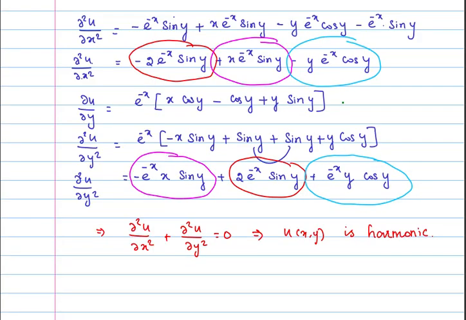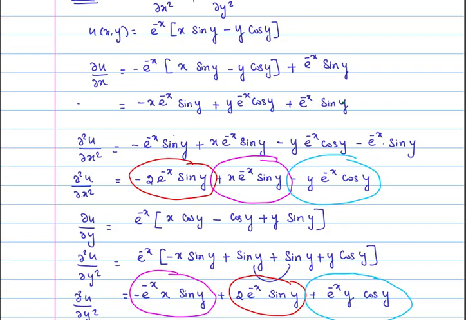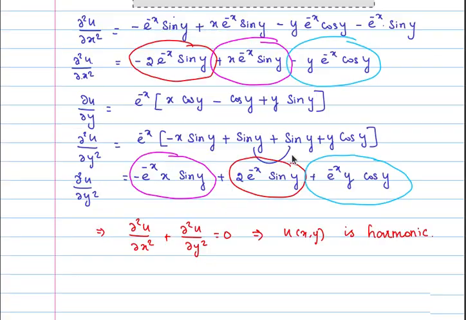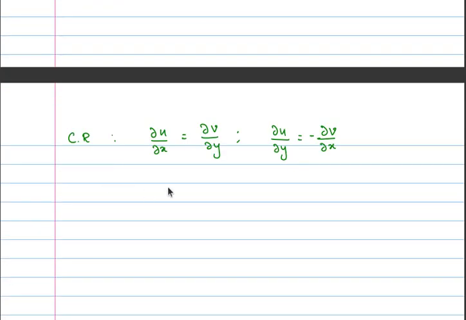So what is the du by dx they gave? We calculated du by dx, and we found it is minus x times exponential of minus x sin y. So I will paste it here.